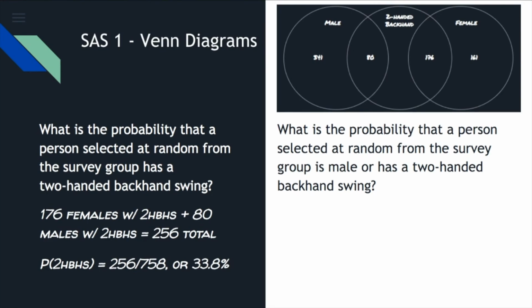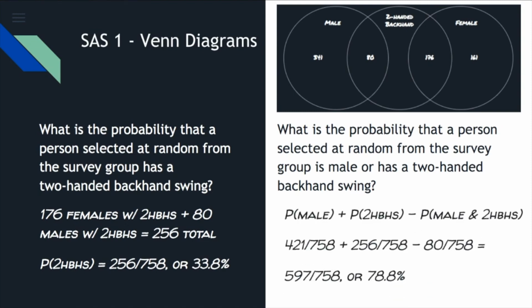All right. What is the probability that a person selected at random from the survey group is male or has a two-handed backhand swing? So male, that's everything in this circle, or has a two-handed backhand swing. So that includes this right here too, because it didn't specify male or male with a two-handed backhand swing. So that is 341 plus 80 plus 176 all over the total 758.